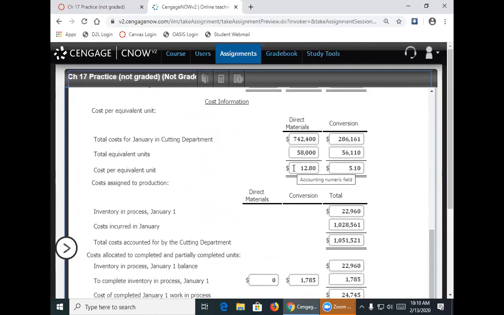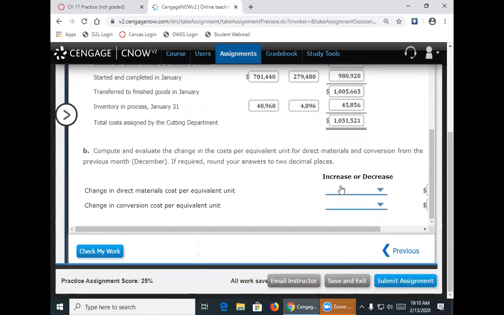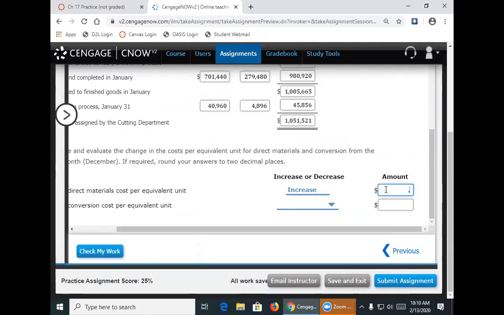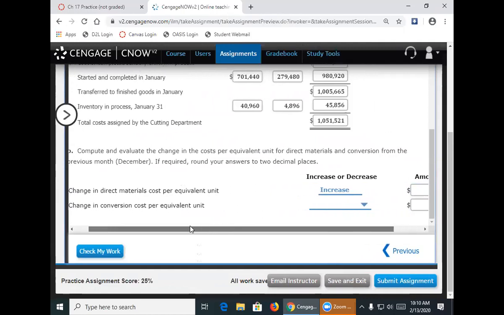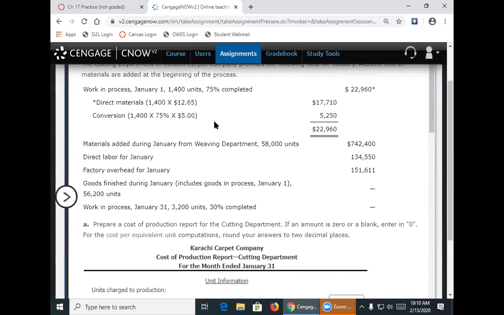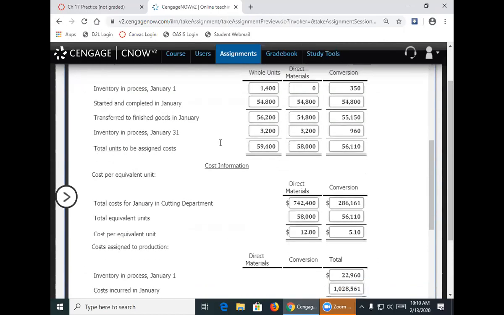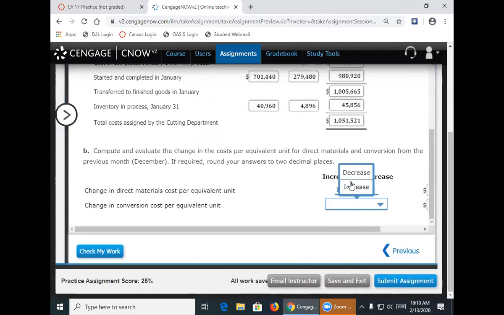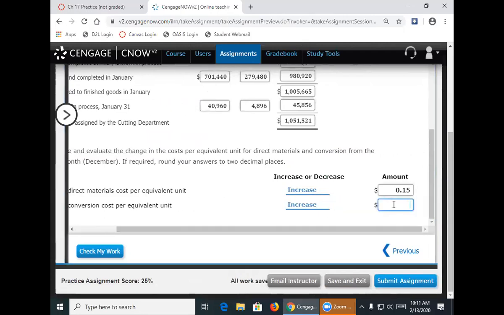So what happened to the cost of materials? It increased, by 15 cents per unit. Then for conversion, they told us our costs were $5. Now they're $5.10. So we also saw an increase of 10 cents.